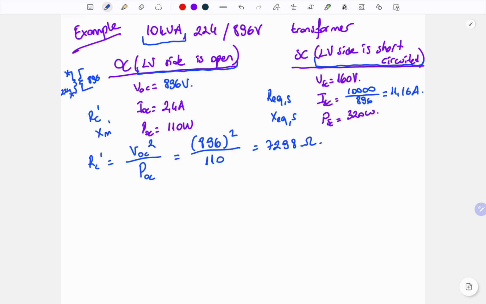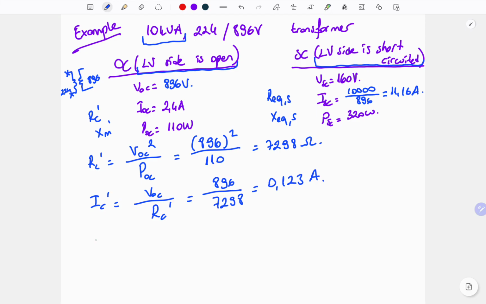And after that, again by using Ohm's law, we can calculate its current. The current flowing through the core resistance will be voltage divided by the resistance value. And according to our values, we can also calculate this IC prime, which is the core resistance current.